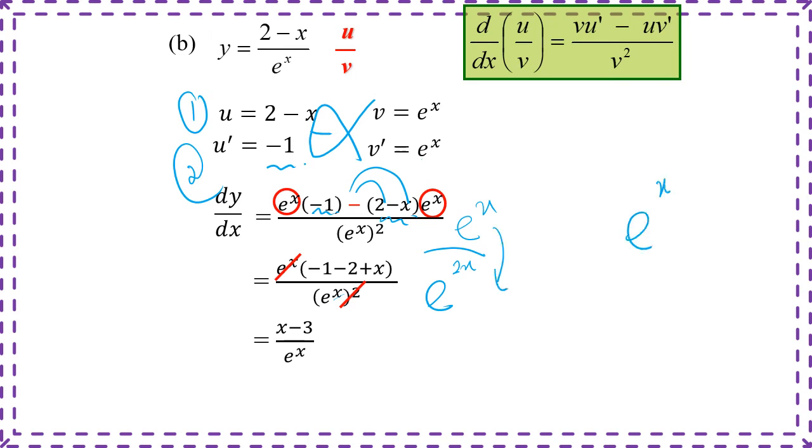If we want to bring it down, it will be 1 over e to the power of 2x minus x, or divide by e to the power of x. So e to the power of 2x minus x is equivalent to x only. That's why we have x minus 3 divided by e to the power of x. This is x, this is -3, right? So we can put as x minus 3 or -3 plus x, either one. So this is our final answer for question B.